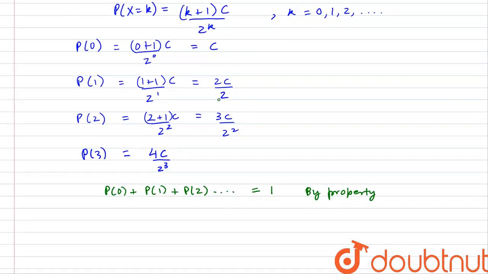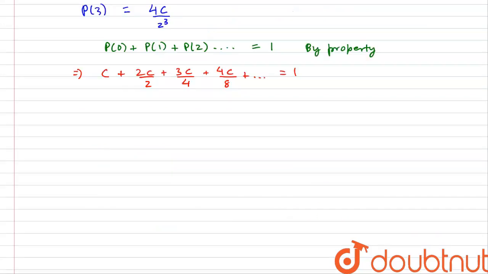Now let us put these values and obtain the series. The series that we'll get is c plus 2c divided by 2 plus 3c divided by 4, since 2 squared is 4, plus 4c divided by 8, and so on. This should be equal to 1.